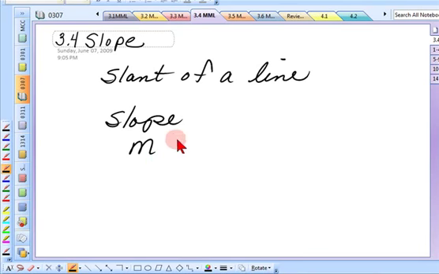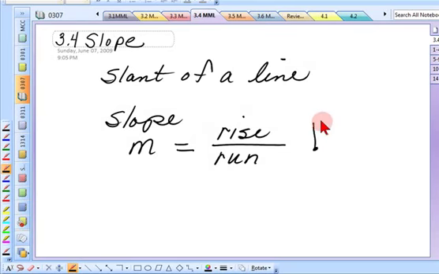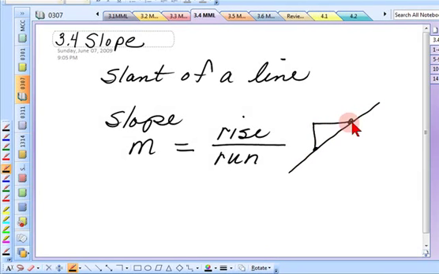Who knows? All right. The slope of a line, letter M, is sometimes called the rise over the run. It is how much you rise compared to how much you run, and that would give you the slant of the line.